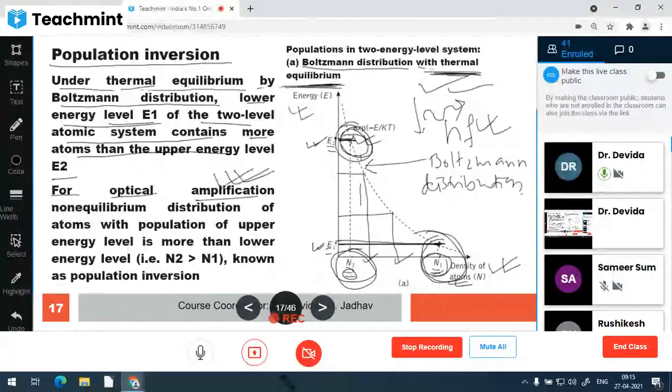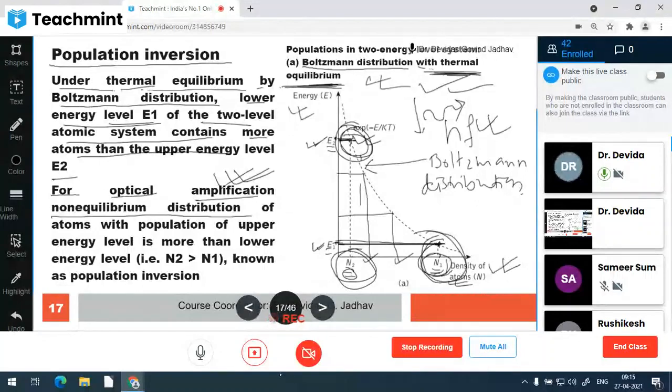Okay. Non-equilibrium distribution is required for optical amplification. This is equilibrium distribution. In equilibrium distribution, the valence state E1 atoms are larger in number.